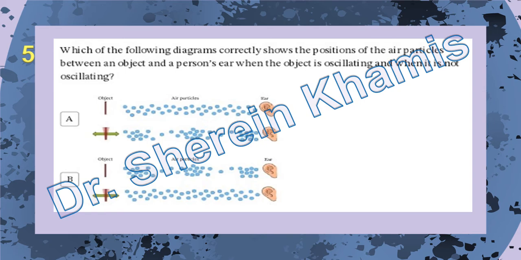When we have air particles with no motion or no disturbance in the medium, the particles are regular. So we have the object without motion, and the air particles are regular.